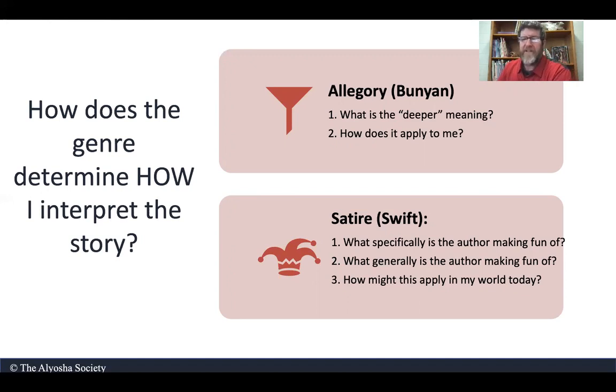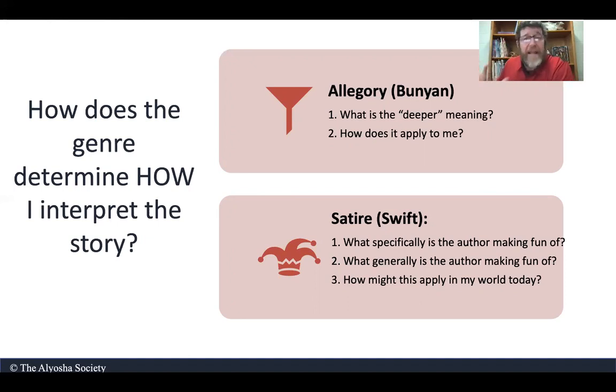Well, satire has a different set of rules, I think. Jonathan Swift's satire. So you might ask questions like, what specifically is the author making fun of? See, a satire is a work of literature that is exposing the ridiculousness or the folly of something.